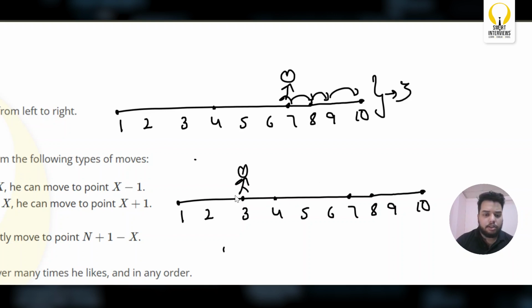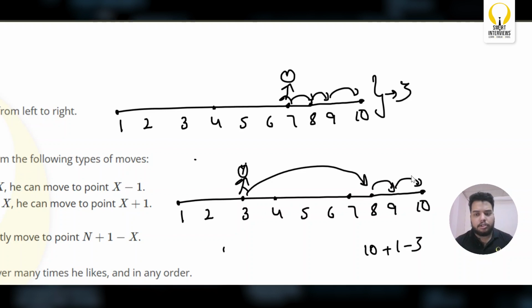So what we can do is go towards left. What if I mirror here? If I mirror, I am going to be at 10 plus 1 minus 3, which is 11 minus 3, 8. So Chef is going to be at 8. Then he can move one step right, one step right. In 3 moves he can reach.